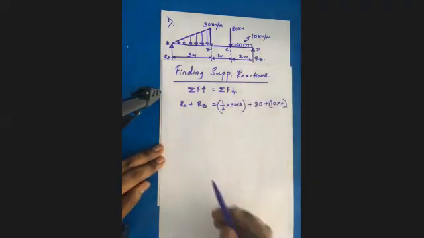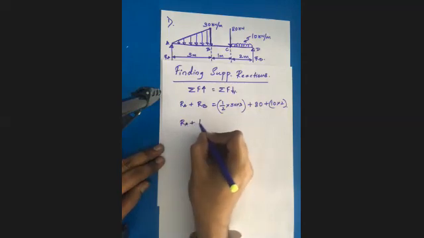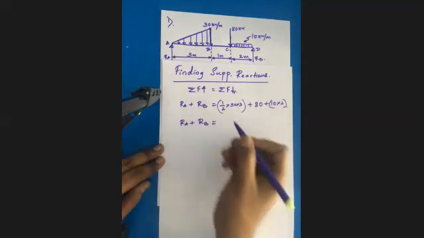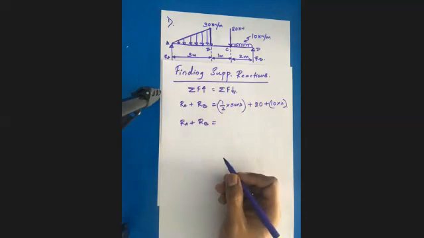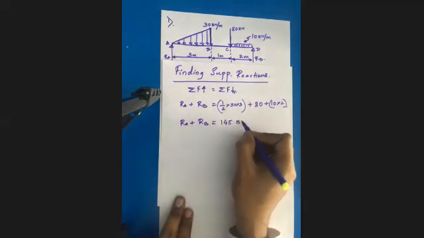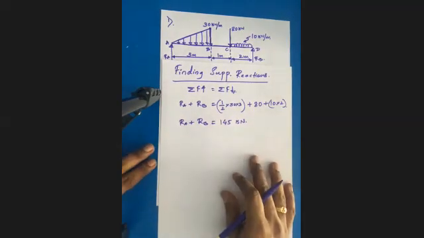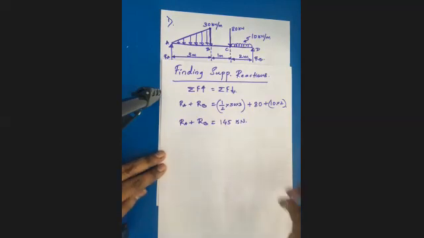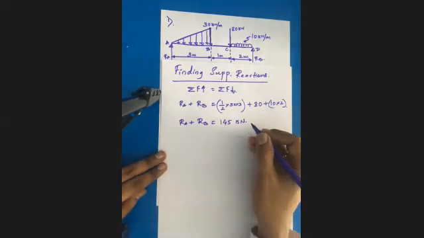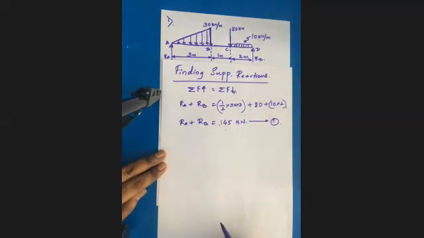Okay. So RA plus R suffix B will be equal to 145 kilonewton. So afterwards, this I'll consider as equation number 1.